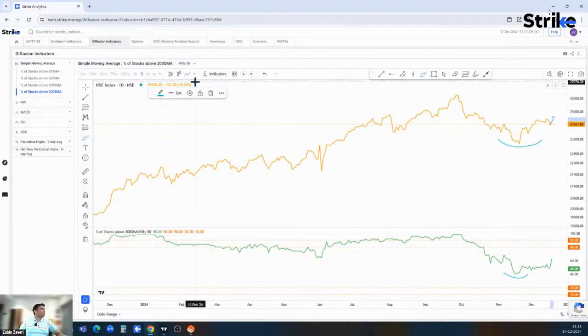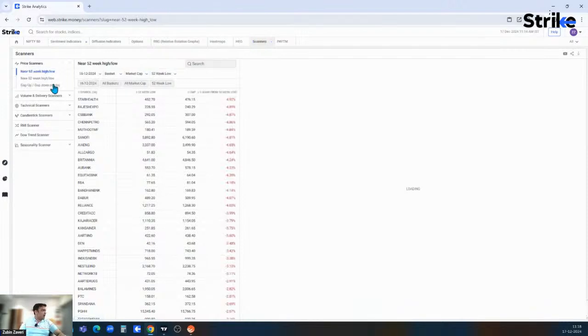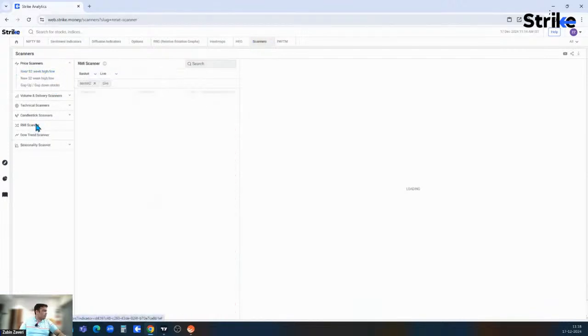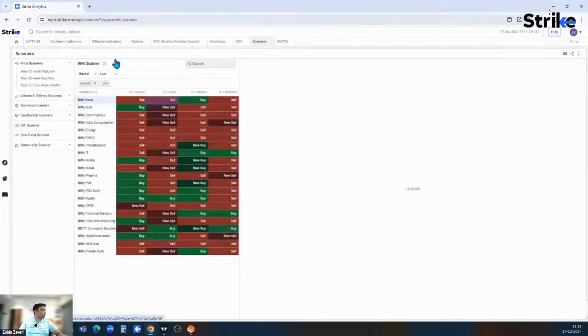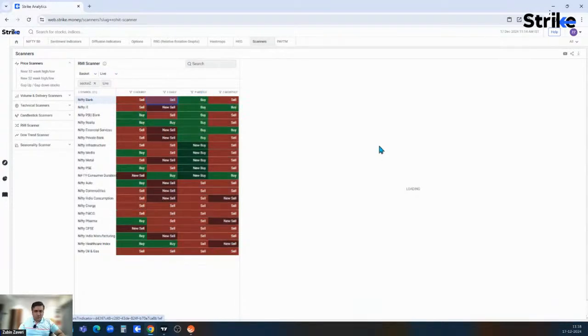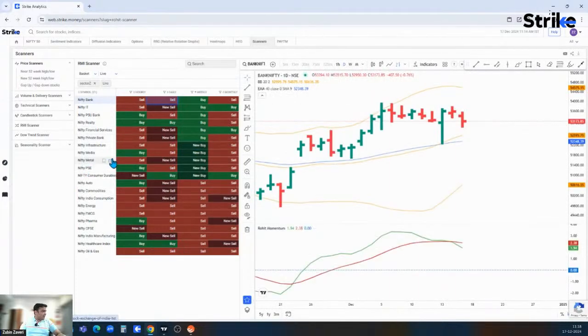All right, very quickly, let's get to the scanner section and analyze the RMI scanner. Let's analyze the sector index. What I observed was, last week and a week before that, when we were doing the same analysis, only PSU bank and realty were in buy mode.